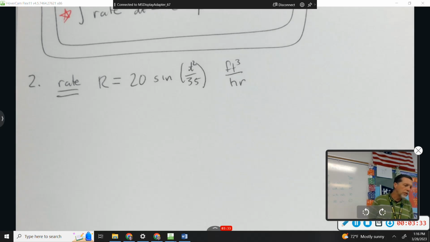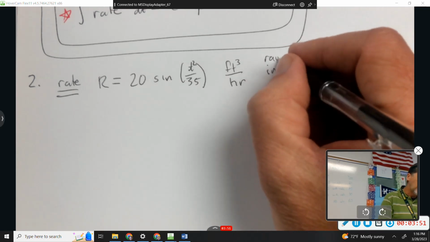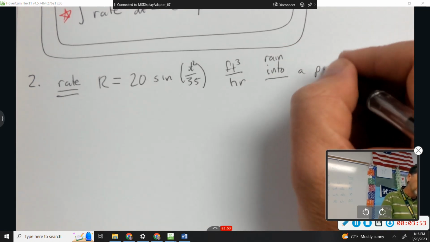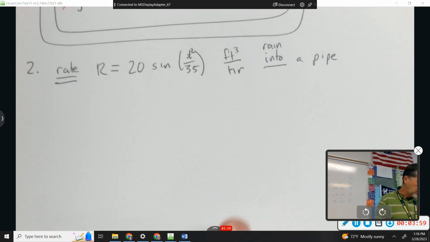This is definitely going to be a calculator problem because there's no way they would have you do anything by hand with sine of T squared over 35. The rate at which rainwater flows into a drain pipe, so that's rain into a pipe, is modeled by that function, where T is between 0 and 8.